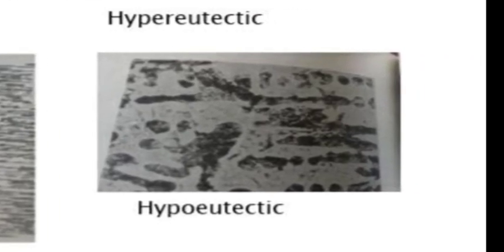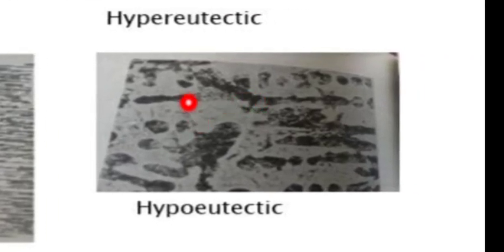Here the dendritic regions are present, and the transformed ledeburite is also present. The dendritic region is nothing but pearlite which is converted from austenite.